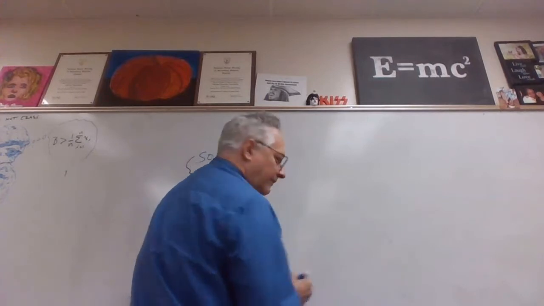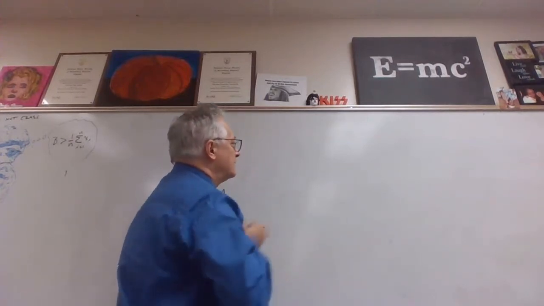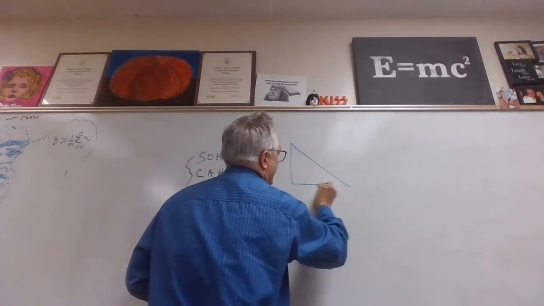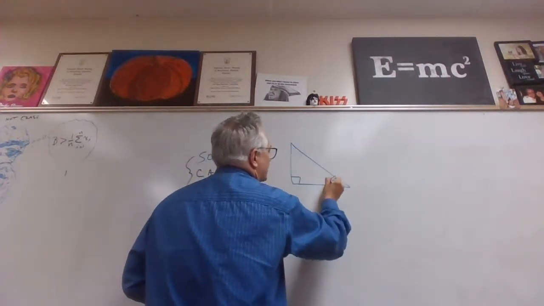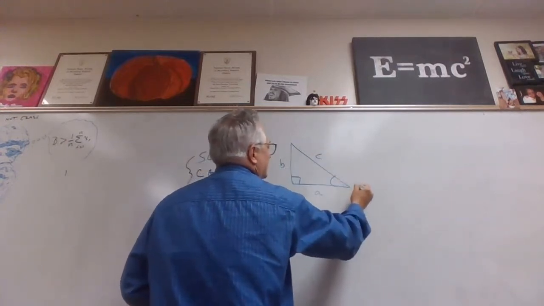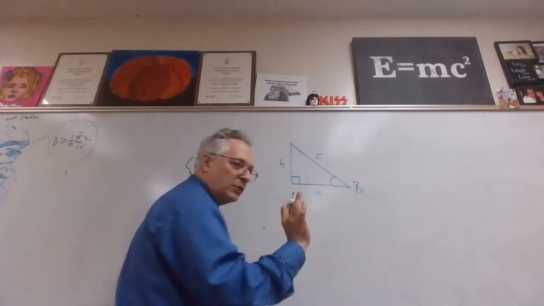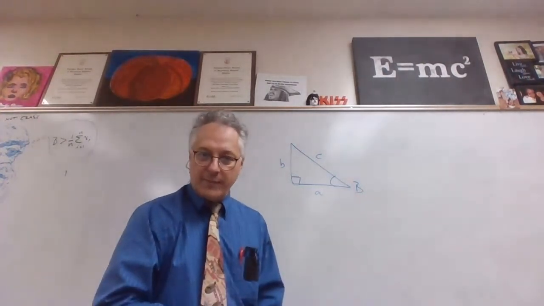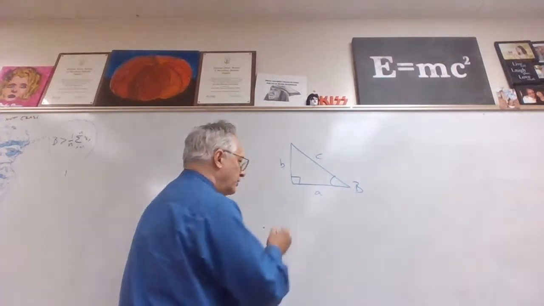For any angle, I forgot to tell you last week, or I just didn't get time to tell you, let's draw a right triangle again. And let's just say this is A, B, and C. So for this angle here, if I'm looking at an angle, there's another interesting mathematical relationship that we should know.